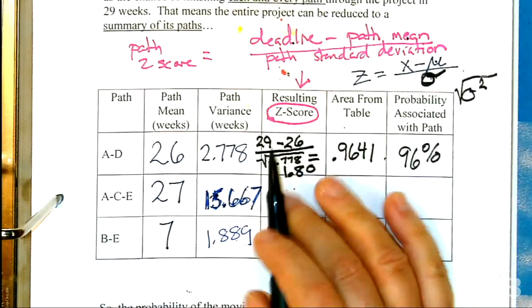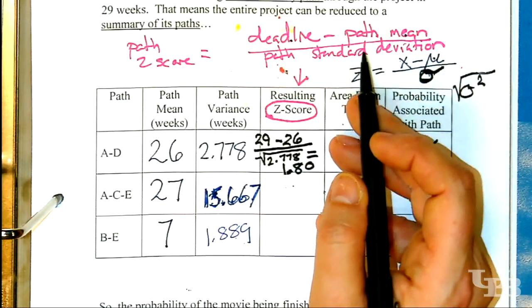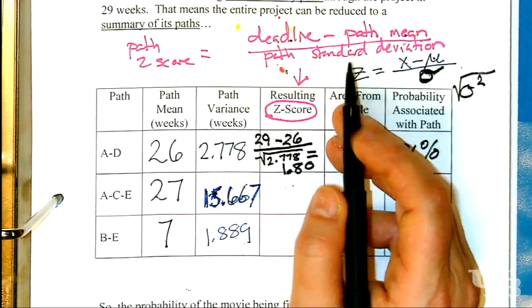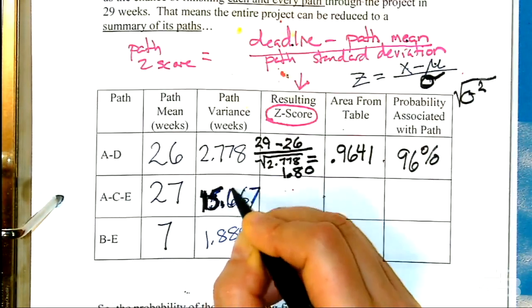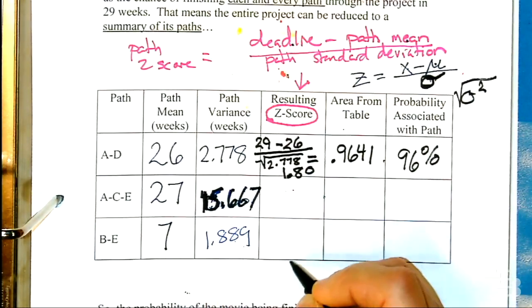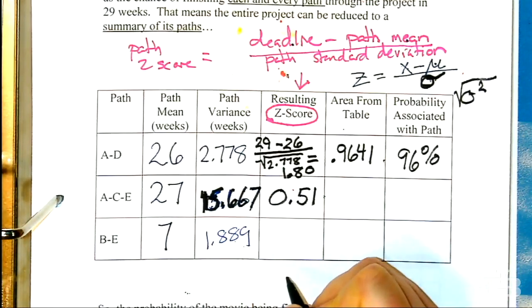Now, path ACE, 29 minus 27, we're just filling this out, divided by the square root of 15.667 gets you 0.51.